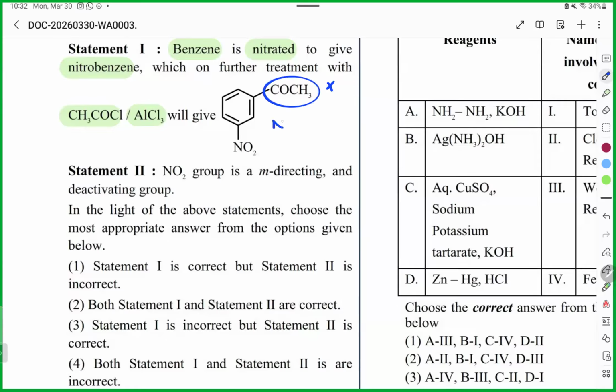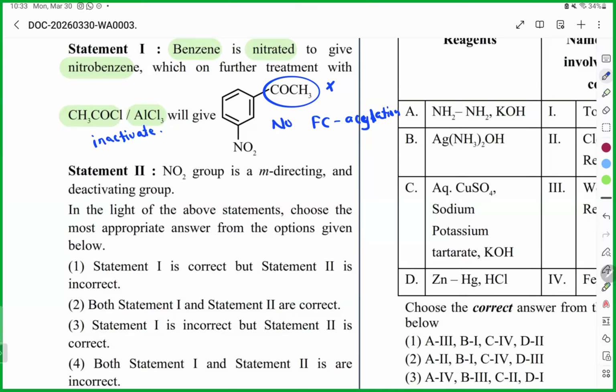Because this is Friedel-Crafts acylation. Most of the time you have seen that this happens. Here it does not. Why? Highly deactivated. It will deactivate the ring. Correct?